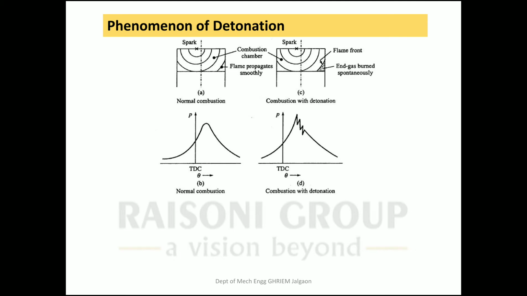Hence, the end gas is said to be auto-ignited, as shown in figure C. In figure C, we can see that the dotted portion, which is named end gas, is burning instantaneously.